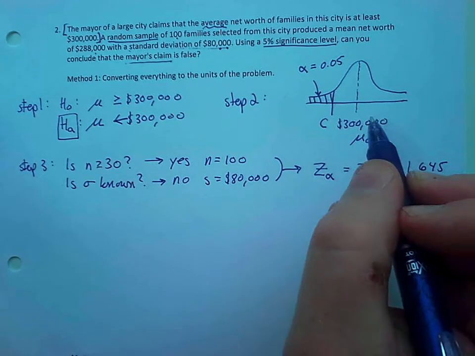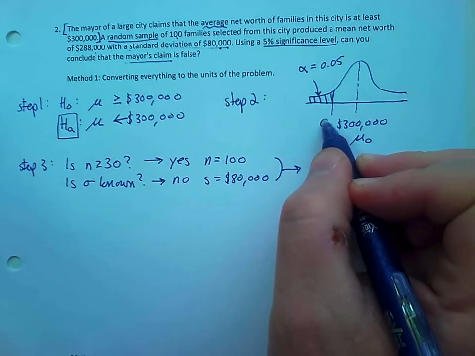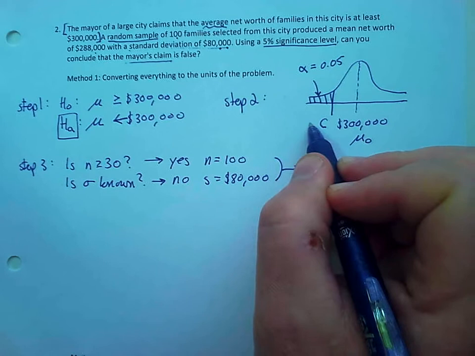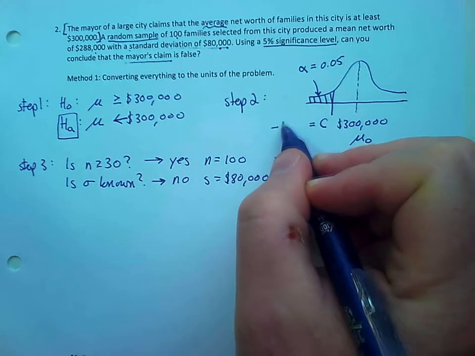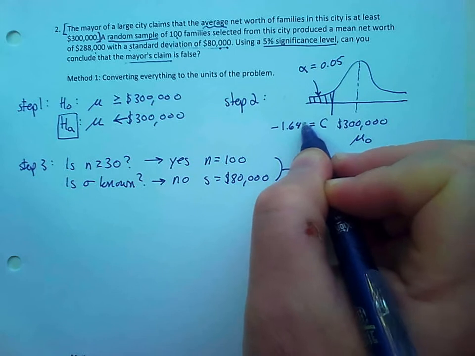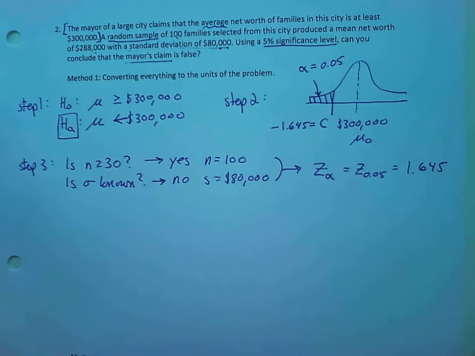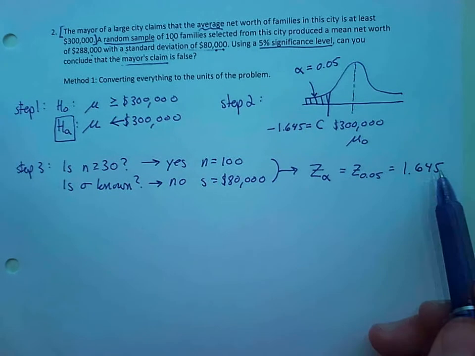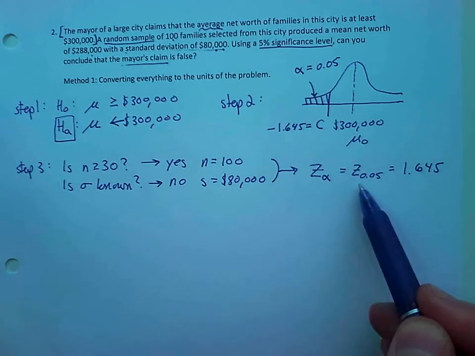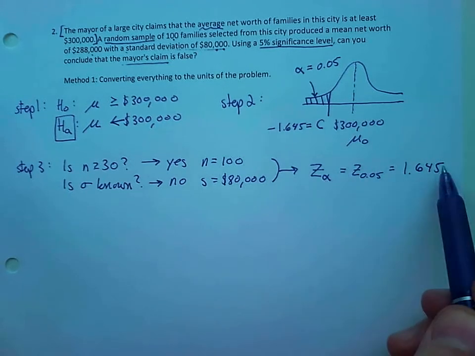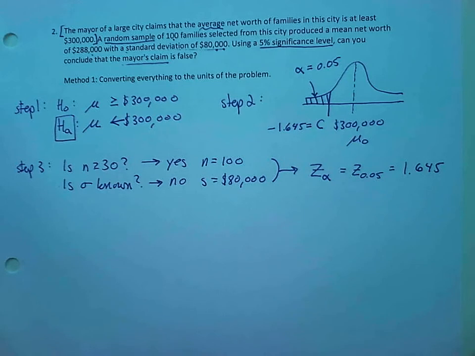Keep in mind here that this critical value is on the left-hand side of our distribution. So if we want to look at this critical value, technically speaking, it's negative 1.645. But the way that I'm going to teach you is, for the formulas that we use, I'm going to consider these z sub alphas, or z sub alpha divided by 2's, as if they were always positive values. So that's step number 3.